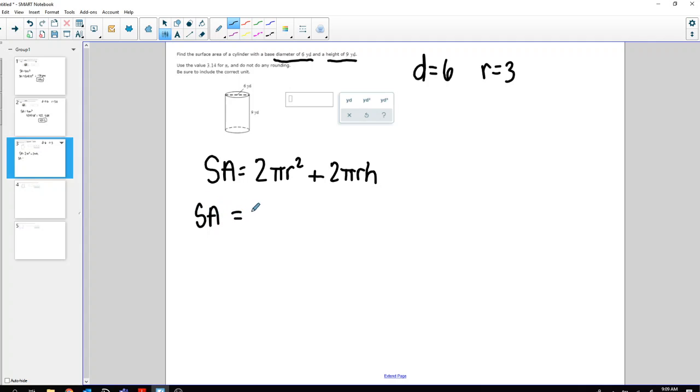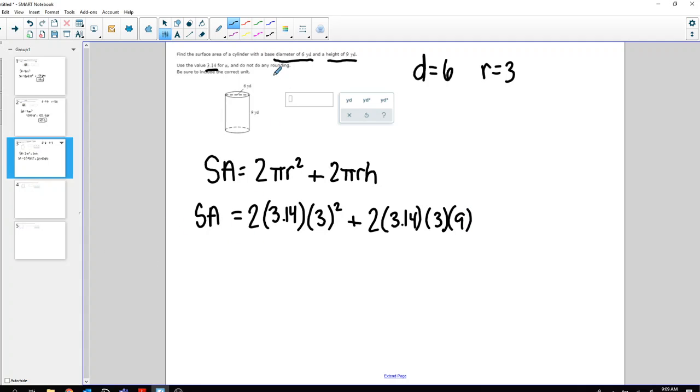So now I can plug things in. Surface area equals 2 times 3.14, I'm still using 3.14 for pi, times my radius squared, plus 2 times 3.14 times my radius times my height, which they give to me.